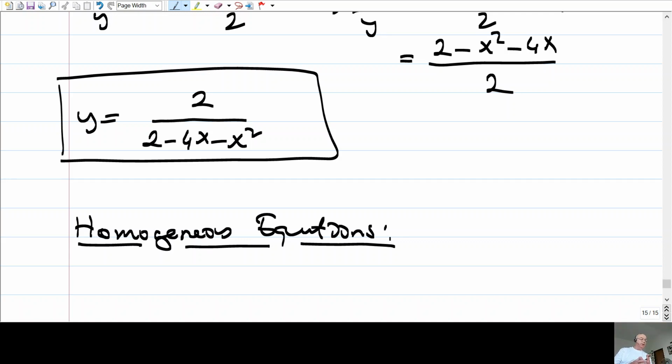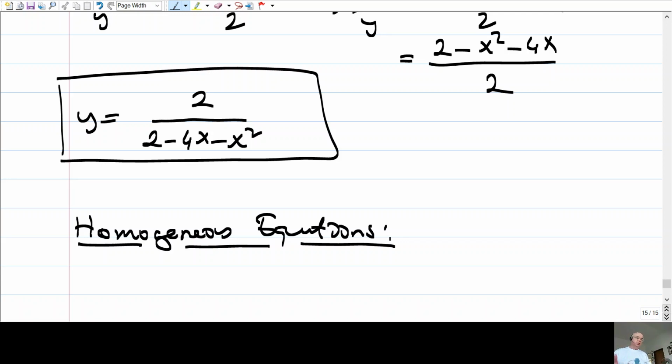Just recall that once we have a linear equation, we know how to solve it, right? We derived a solution pattern for that. We find an integrating factor and so on.